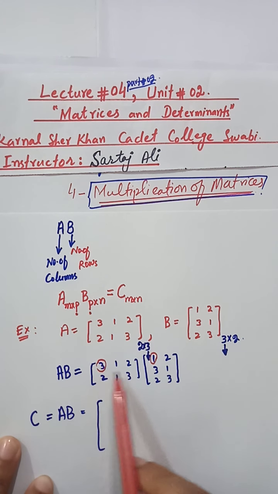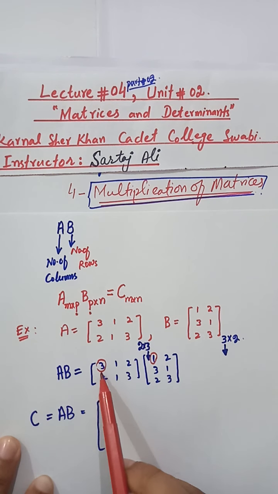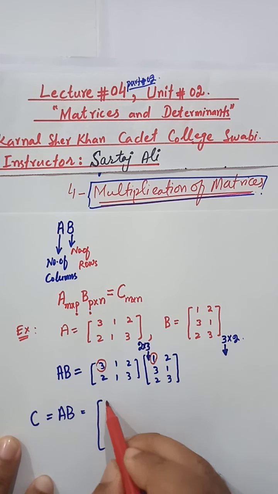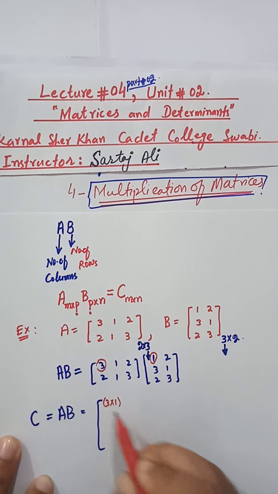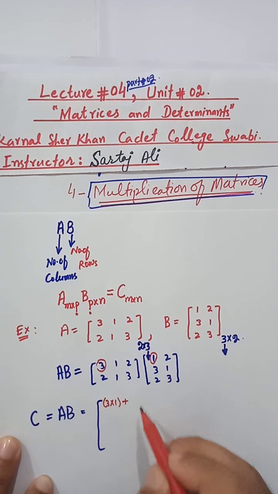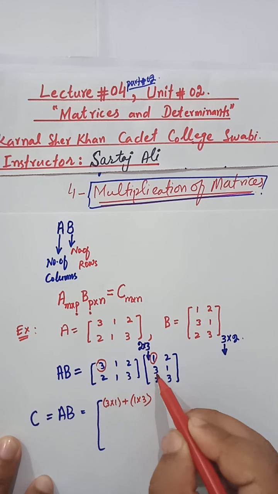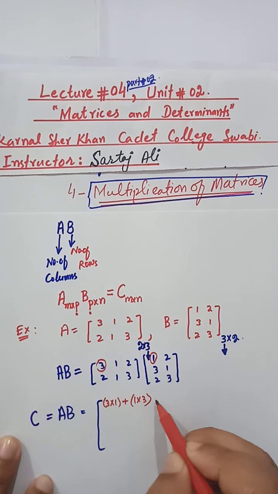When you are multiplying the first row with the first column, you will multiply 3 with 1 because this is the first element of the first row of matrix A, and this is the first element of the first column. Then you will write plus 1 multiplied with 3, because this is the second element of the first row and this is the second element of the first column.